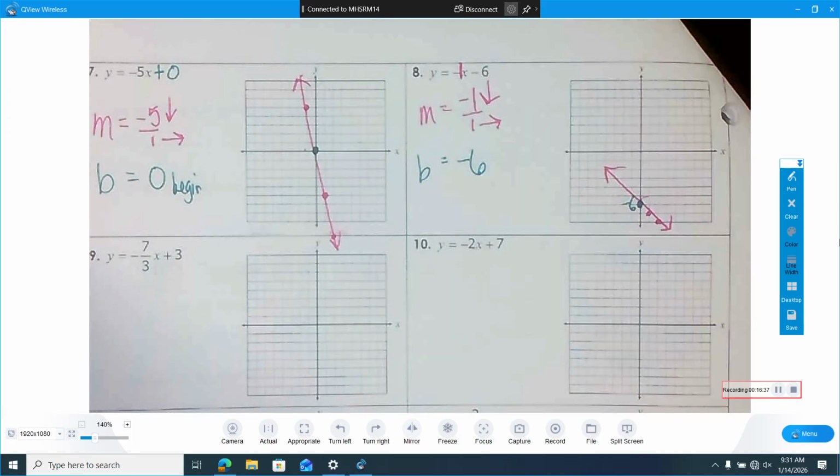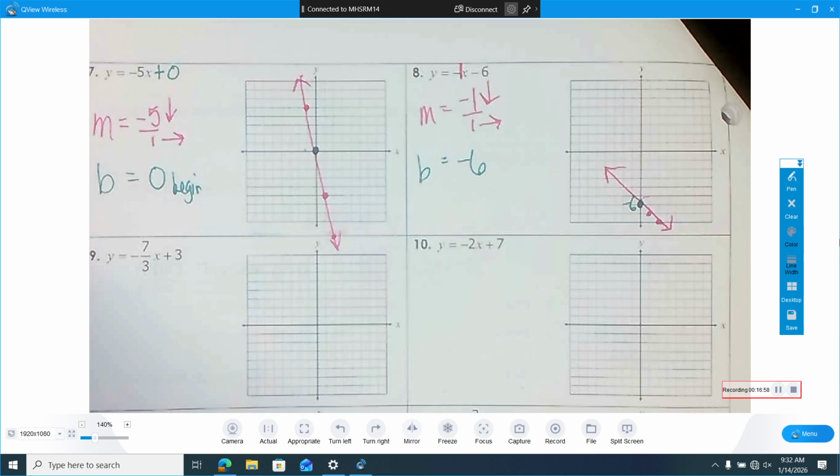Good. Takes a lot of practice to draw a straight line.